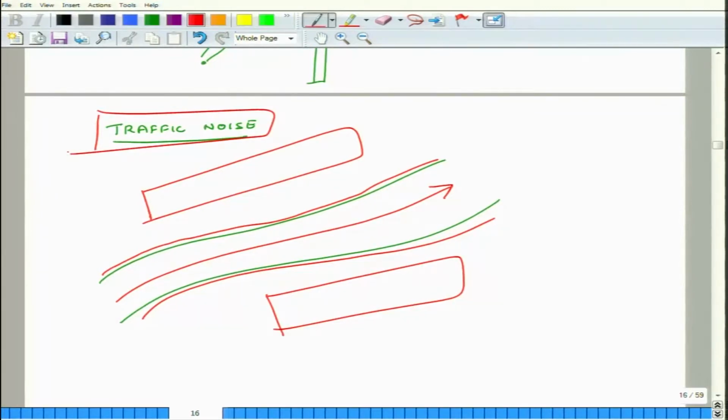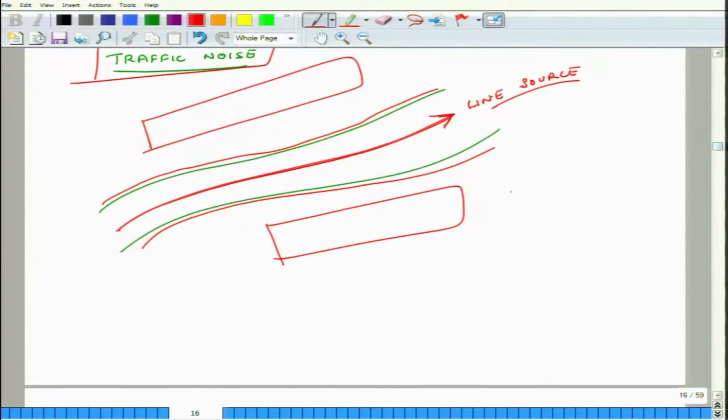Now, in case of traffic noise, we do not have a point source, because so far the relation which we discussed was for a point source, but in traffic noise it is a line source. And if we are creating barriers to stop the noise from a line source, then without barrier, let us say the sound pressure level is LP, and with barrier, let us say the sound pressure level is LBP.